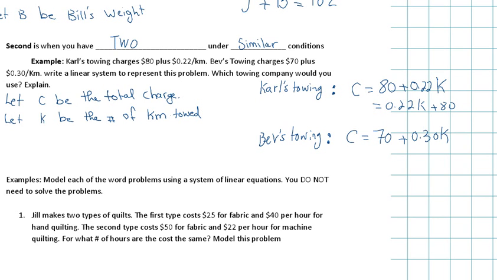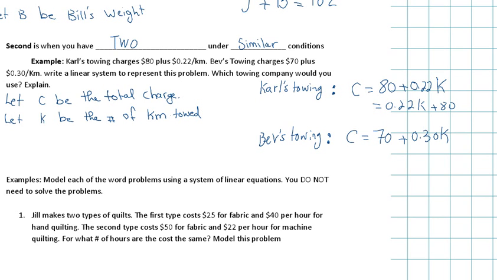Now in this case, I have two different scenarios. Scenario number one, which is Carl's towing. Scenario number two, which is Bev's towing, right? But I'm comparing similar conditions. They're both towing, I'm looking for the cost, and it depends on how many kilometers I'm driving. So these are your two equations.